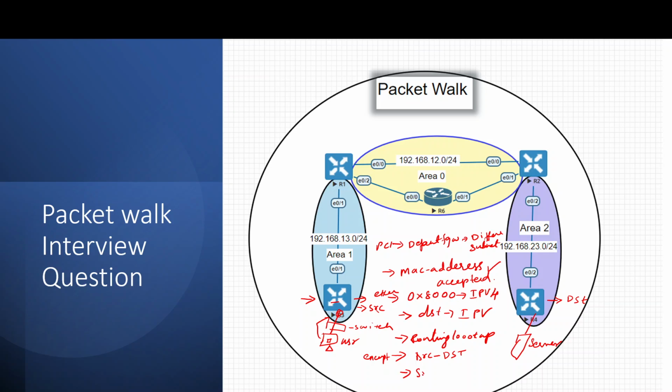So the source MAC address will change. Then it knows that to reach the destination, it has to forward the packet to R1 now. So it will change the destination MAC address.